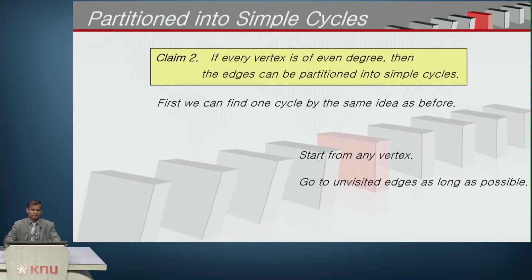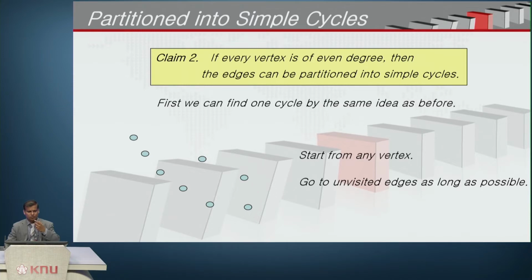Let's start from any vertex and go to unvisited edges as long as possible. So we start traversing from one vertex and go to unvisited edges as long as possible in a graph.